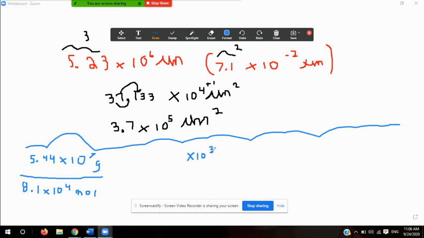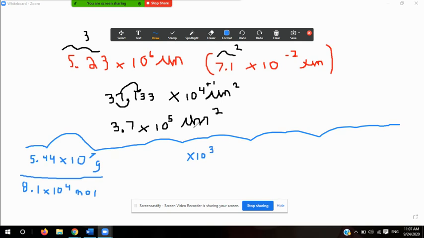And the next thing you're going to do is divide 5.44 by 8.1, and you're going to get a pretty big number. So 5.44 divided by 8.1, and you're going to get 0.6716.